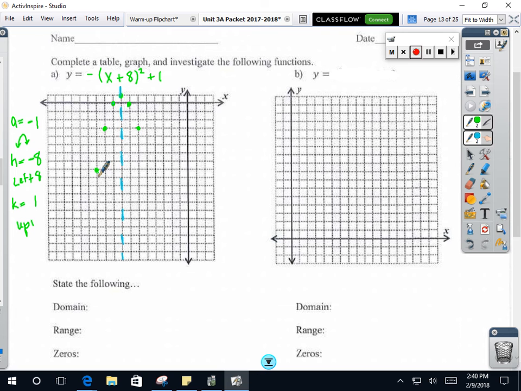If this point is 3 units away from the line of symmetry, then over here there'll be a point 3 on this side. And isn't that a little easier to find those instead of going to the table every time? Yes. Okay, so now that you have that many points, that's sufficient. You can sketch your parabola.